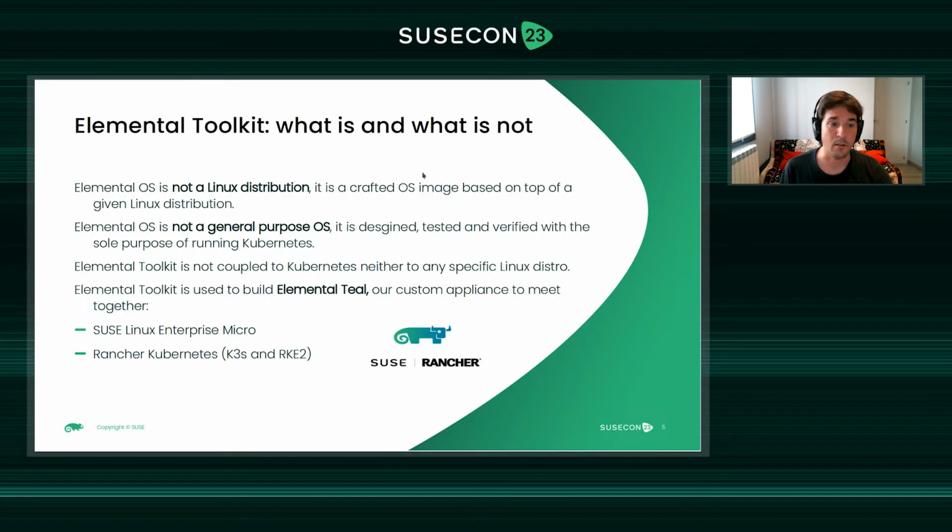It just takes the maintenance updates and the security updates from it. We at Elemental Teal are not providing our own security updates for the OS. We just rely on the given distribution, in this case SUSE Linux Enterprise Micro, a rock solid distribution.